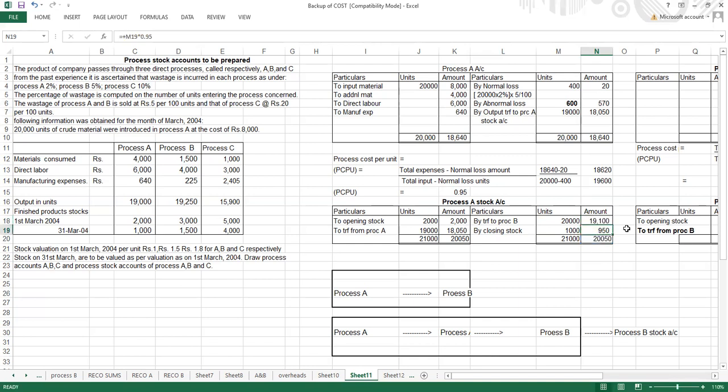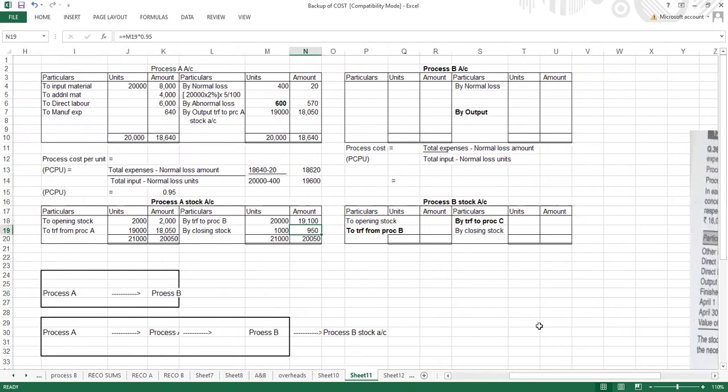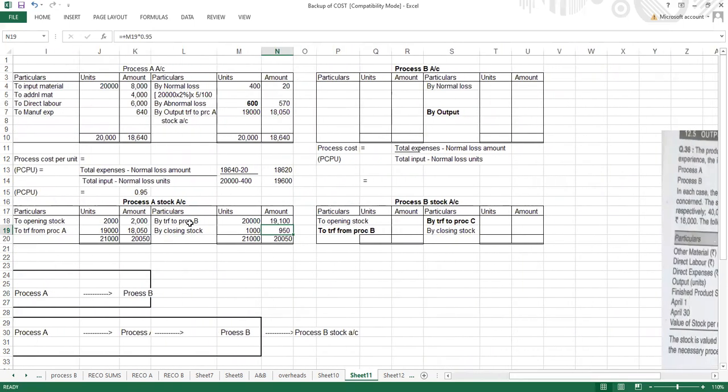This is the amount transferred to next process B. Is this clear, students? So we'll move to process B. Okay. Now this transfer to process C will be input for process B account. What will we write? Input materials. I'll just copy these item particulars. The same mostly.